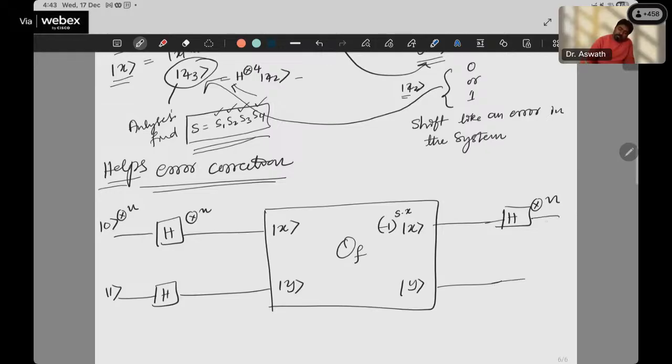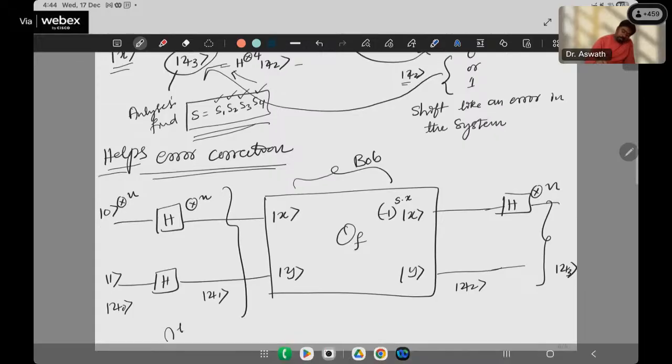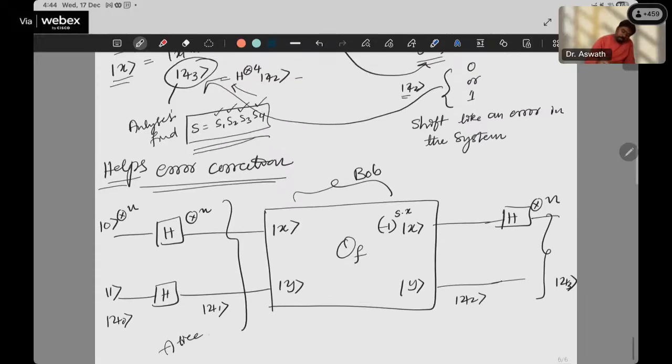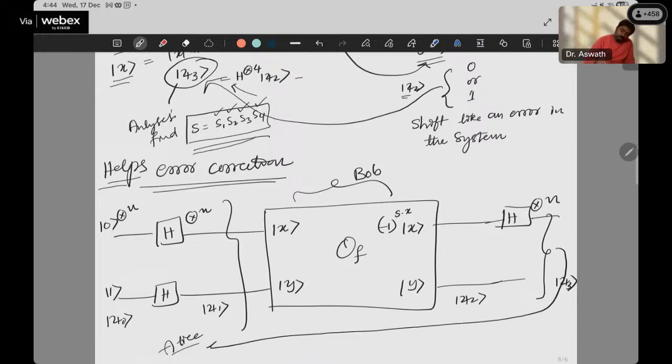So this is analyzing psi 0, psi 1, psi 2, and psi 3. This is Bob's part and this is Alice's part, and the output is sent to Alice.